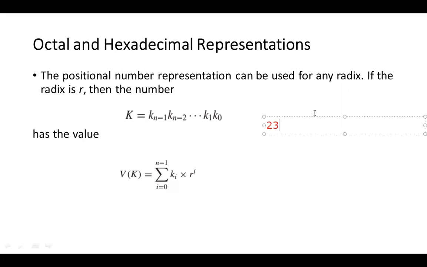23. Okay, 23 in decimal, I am taking to the base of 10. So, 23 to the base of 10. This is the subscript, so we write it as 23 to the base of 10.